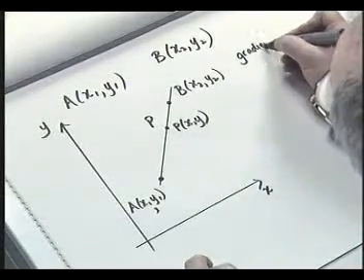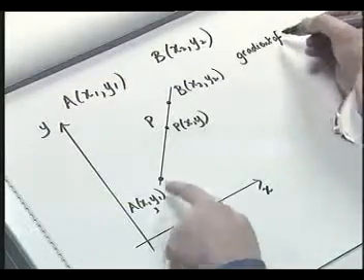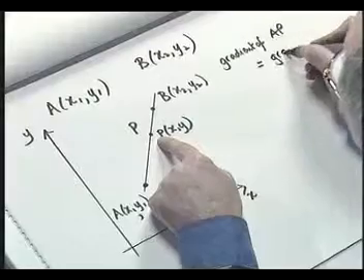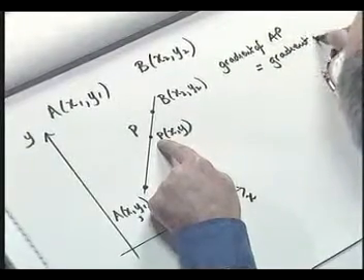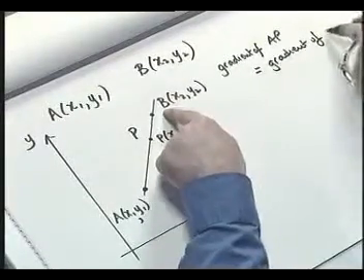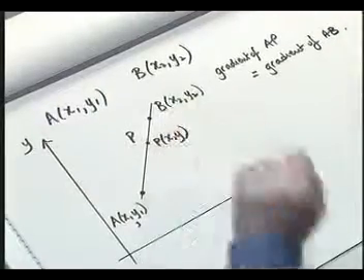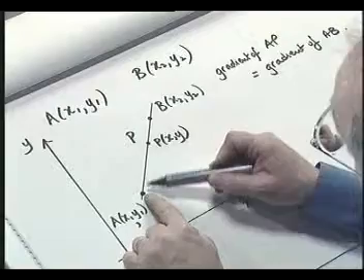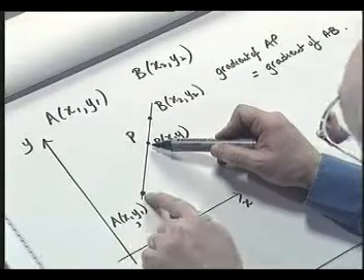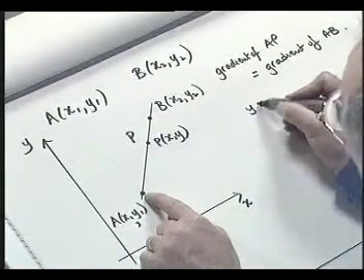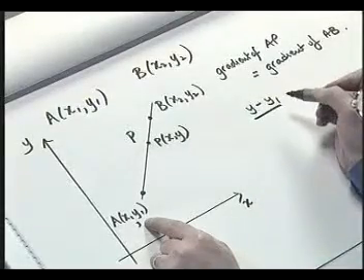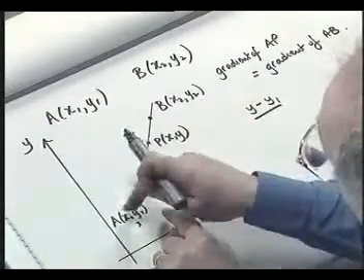The gradient of AP is equal to the gradient of AB. Let's see what that means. Well, the gradient of AP is just the difference in the y-coordinates, which is y minus y1, over the difference in the x-coordinates, which is x minus x1.